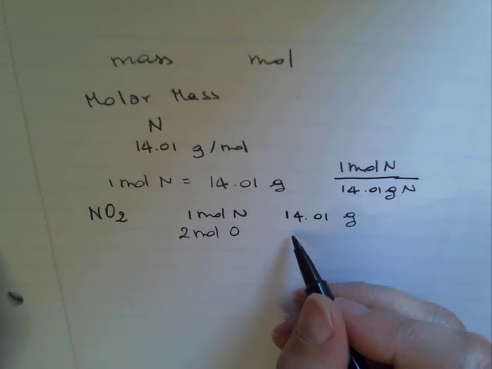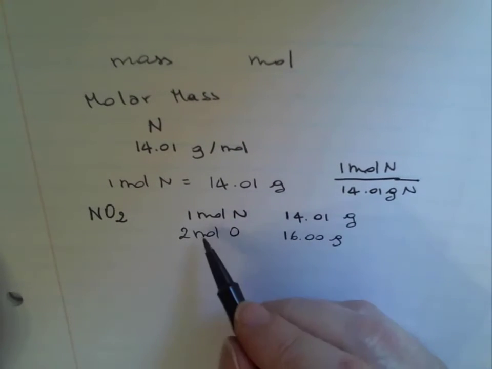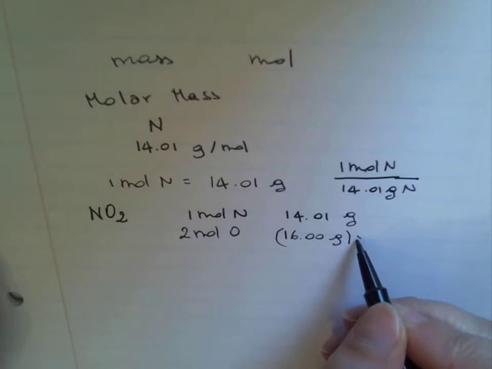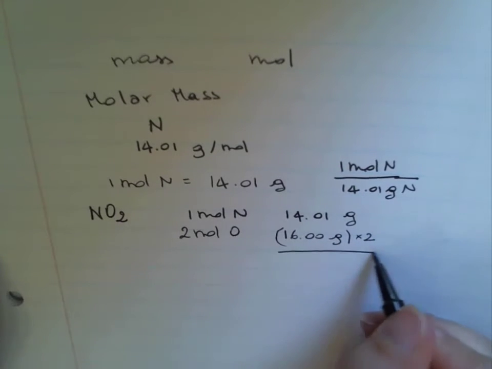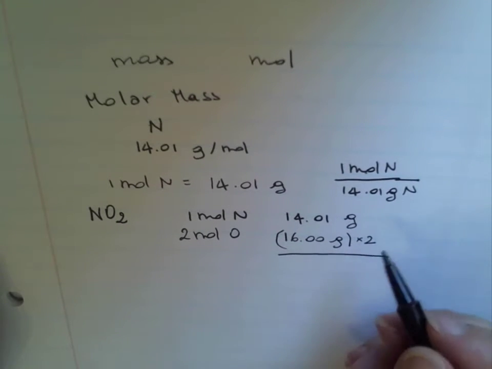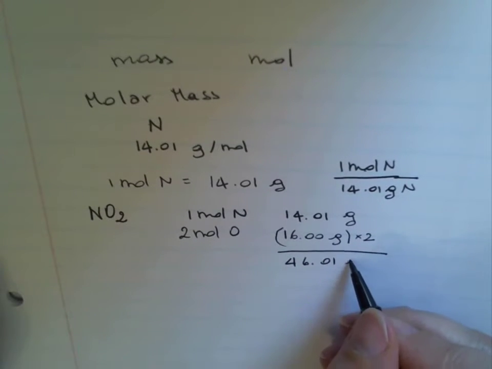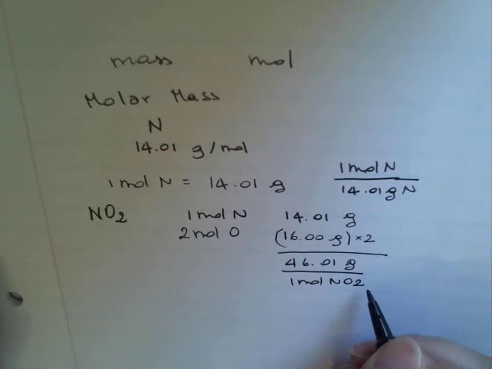Each mole of oxygen will weigh 16.00 grams, and because there are 2 moles, I will have to multiply this times 2. Now, if you sum up these two quantities, you're going to obtain the value of the molar mass of NO2, which is 46.01 grams per 1 mole of NO2.